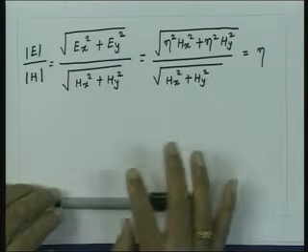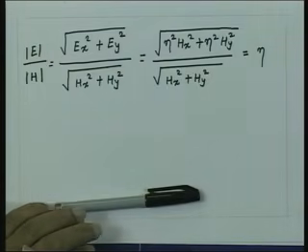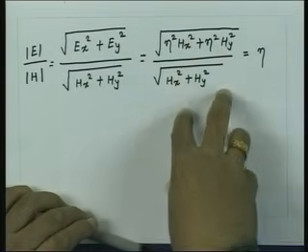So, once the medium parameters are known, and if the direction of wave propagation is known, the magnetic field is a completely dependent quantity on the electric field or vice versa.